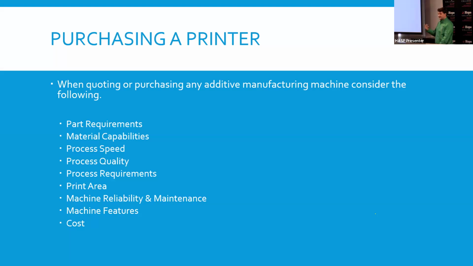I would go buy a DMLS printer because it doesn't have the more powerful lasers in it. I don't need as much heat. If I'm going to print ABS and I know I'm going to print ABS, I'm not going to go out and buy an unenclosed printer. I'm going to buy one that's enclosed so that I don't get that differential cooling.